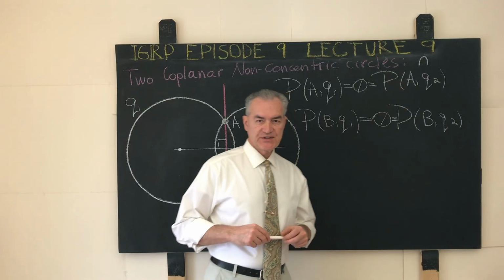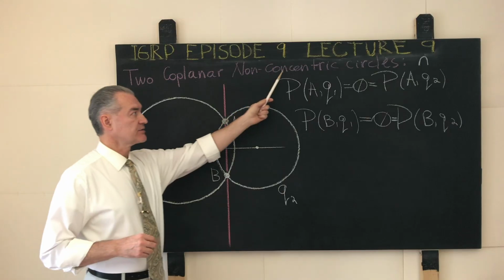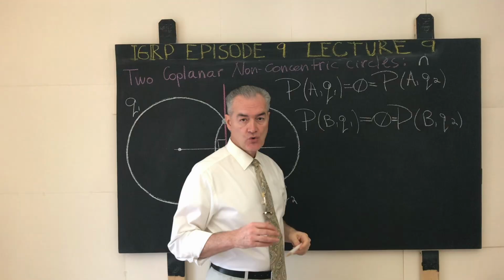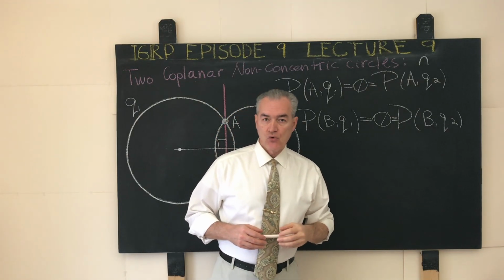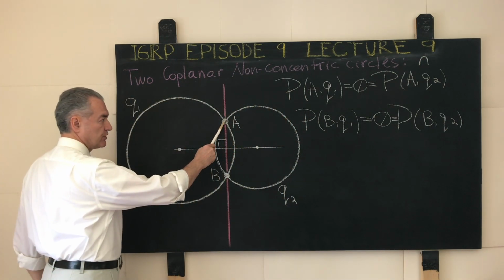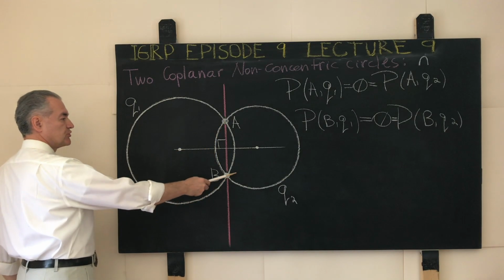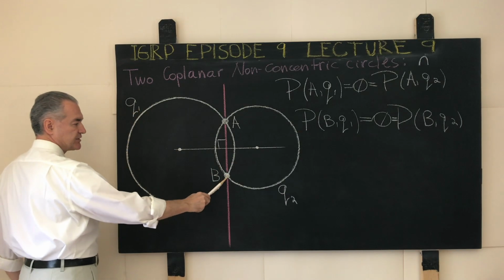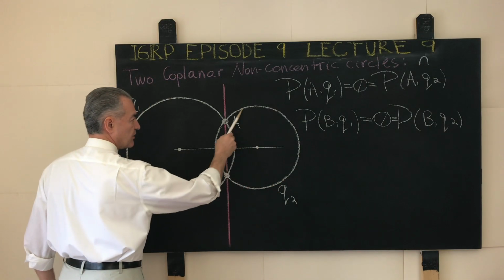That is, first we will consider the case when any two coplanar non-concentric circles intersect each other. And when two coplanar non-concentric circles intersect, they do so over two distinct points, such as the point A, shown over here on top, and the point B, shown on the bottom, where the sample circle Q1, shown on the left, intersects the sample circle Q2, shown on your right.